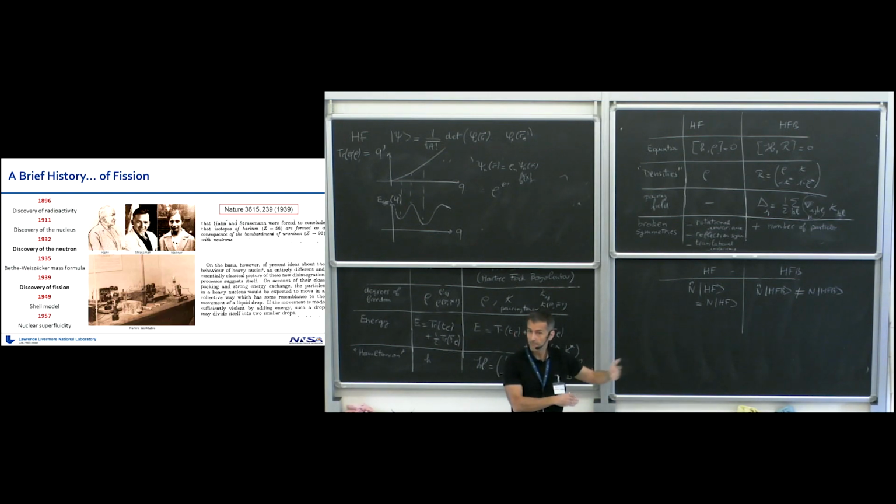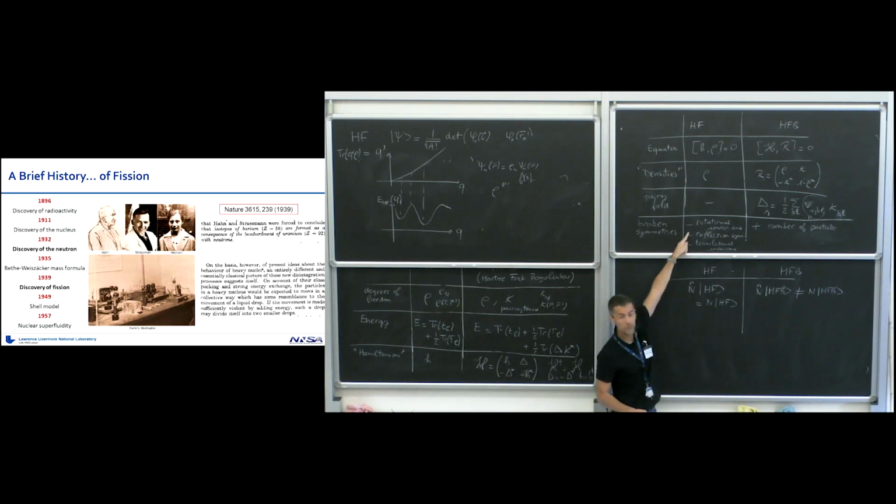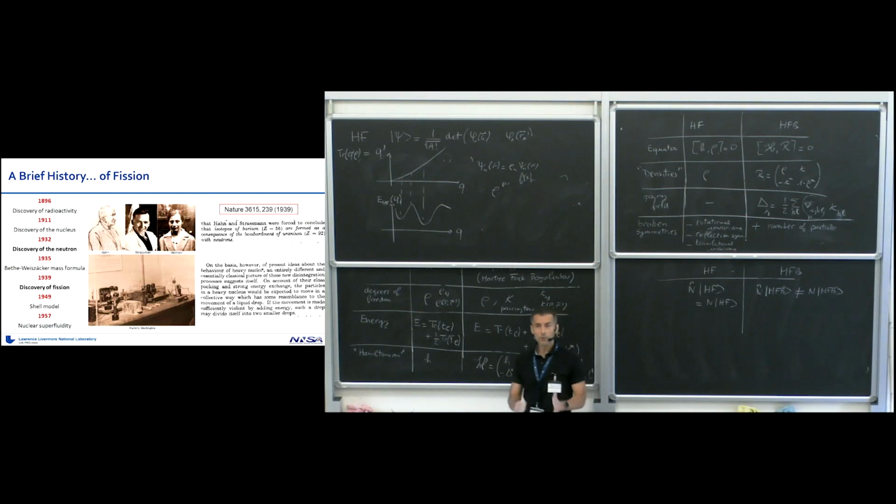Experimentalists measure it every day. So when we say that angular momentum is not conserved because rotational invariance is broken, this is a crime. This is not true. So we are introducing those symmetry breaking concepts in order for the theory to do a better job at reproducing things like energies or radii or things like that.